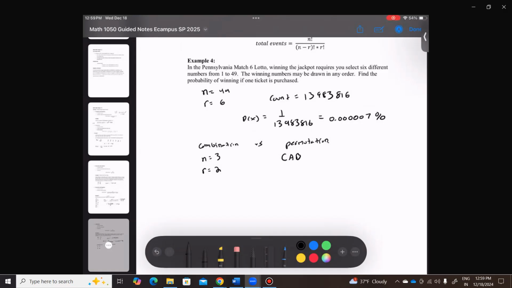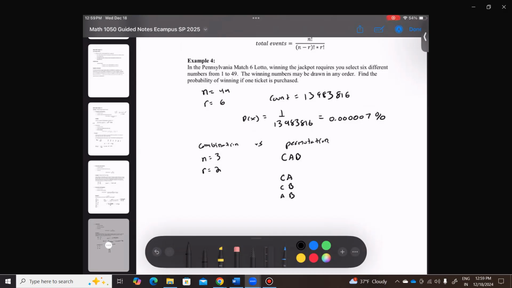So we can select CA, we can select CB, we can also select AB.